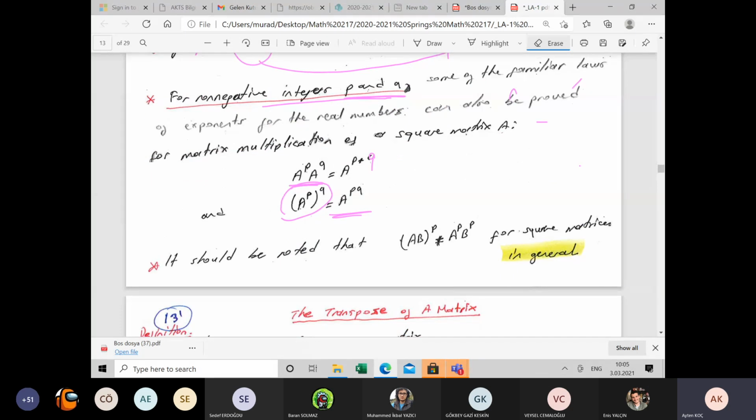So here is the critical point, be careful. What is A times B to the P?